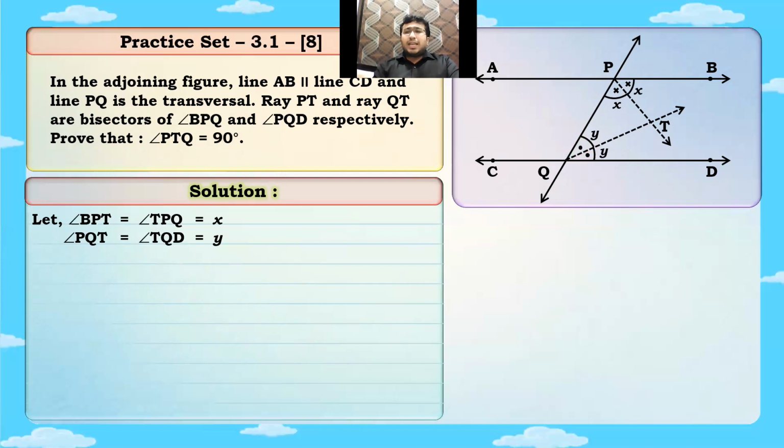PT and QT are angle bisectors of angle BPQ and angle PQD respectively. You have to write the reason from the question only. Ray PT and ray QT are bisectors of angle BPQ and PQD respectively. Students, we have to prove angle PTQ as 90 degree.